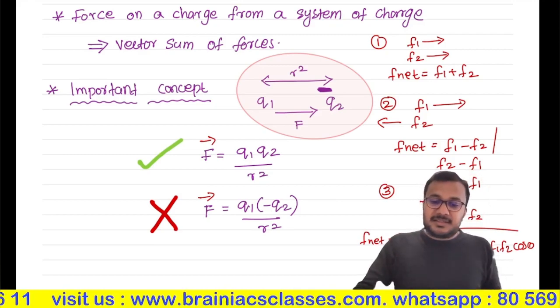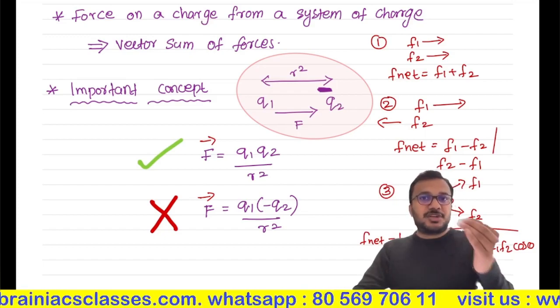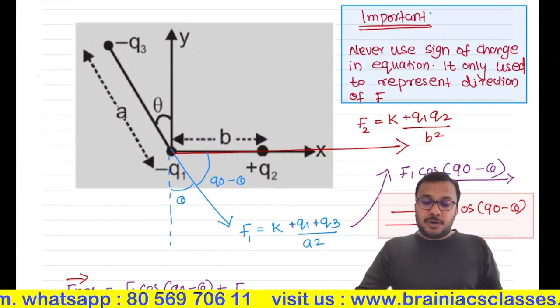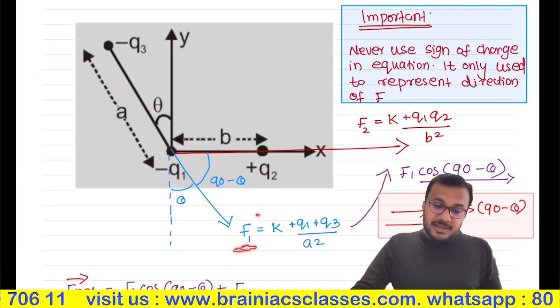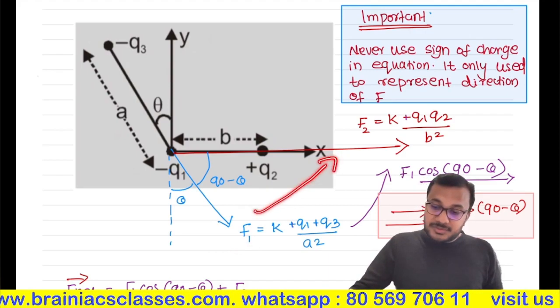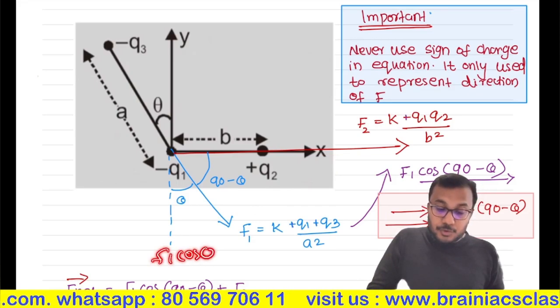So the easy methods are option number 1 and option number 2. We can convert a given diagram into the option number 1 format and option number 2 format. So in this case, you already have F2 here, you already have F1 here, and you have resolved F1 in this direction. So you have F1 cos 90 minus theta, and here we have F1 cos theta.